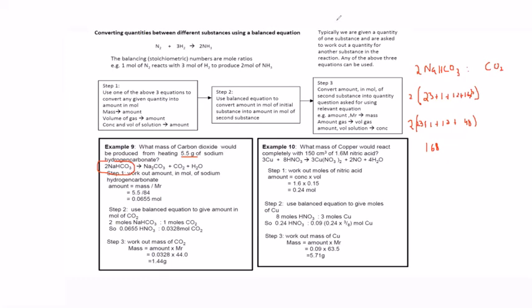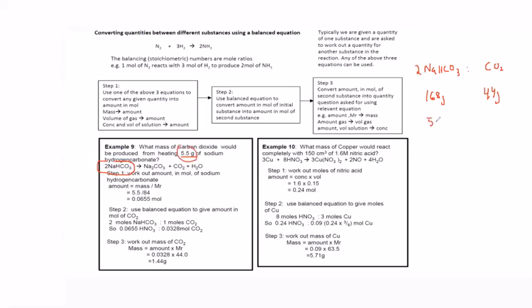So I can write 168 with sodium hydrogen carbonate, the total mass. For carbon dioxide, carbon is 12, oxygen 16 multiplied by 2, 32 plus 12 makes it 44. So the simplest ratio of the mass is 168 is to 44. But in the question we have only 5.5 grams.